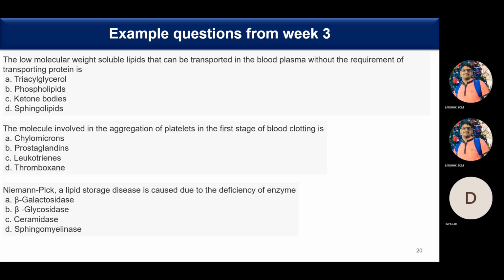Okay, so the first example question is that the low molecular weight soluble lipids that can be transported in the blood plasma without a transport protein are ketone bodies. This again you have to remember; there is nothing to explain. The molecule involved in aggregation of platelets: thrombus means clot, so thromboxane.